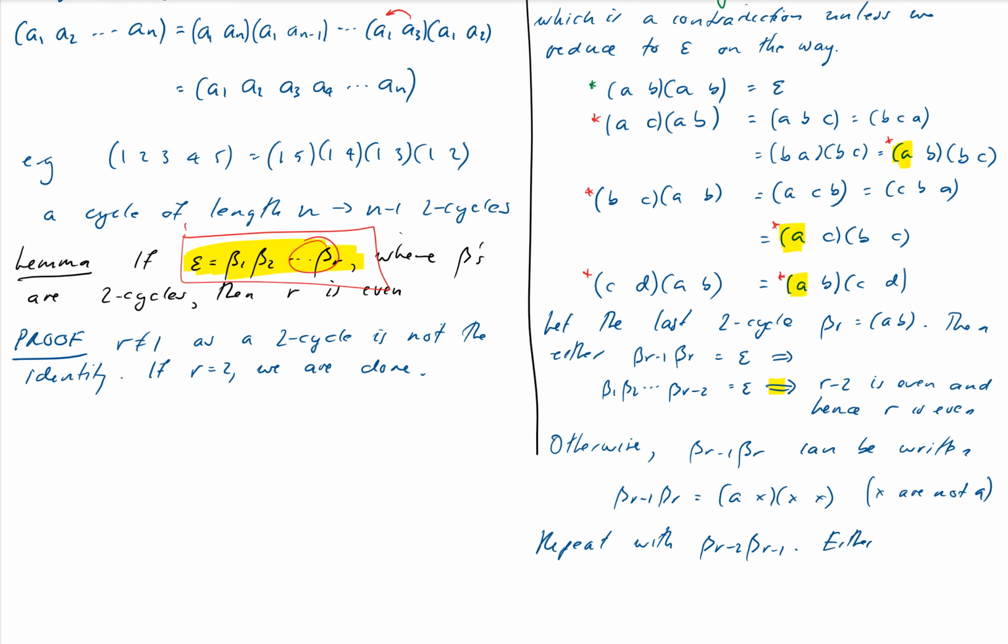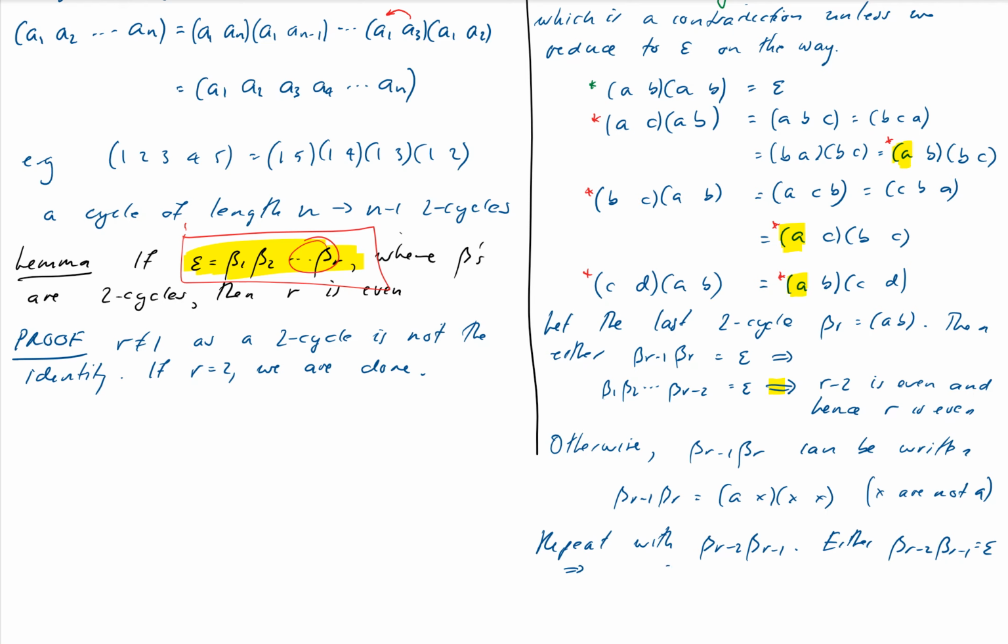Again, after we've done the rewrite, either that pair, beta r minus 2, beta r minus 1, equals the identity, which implies r minus 2 is even.